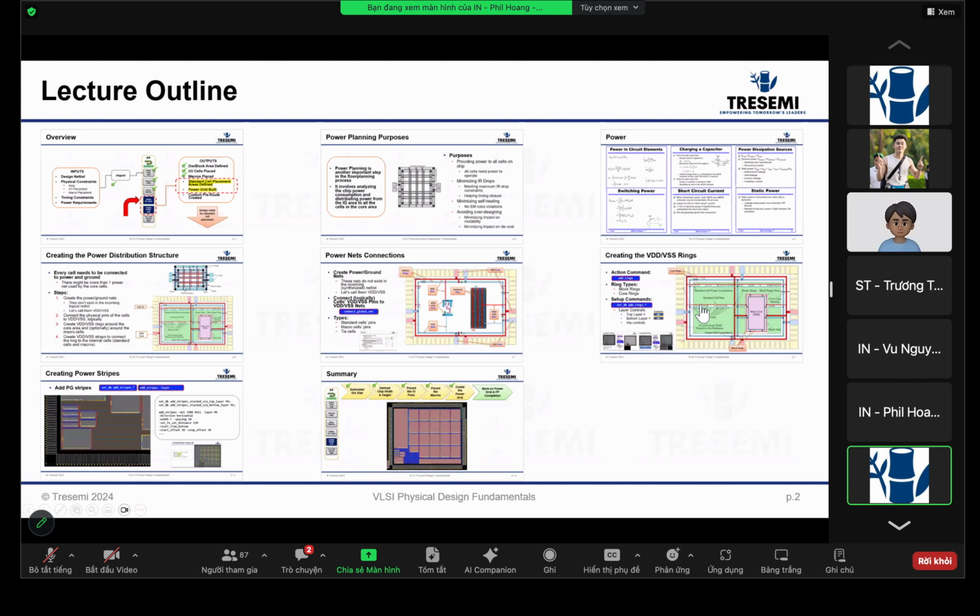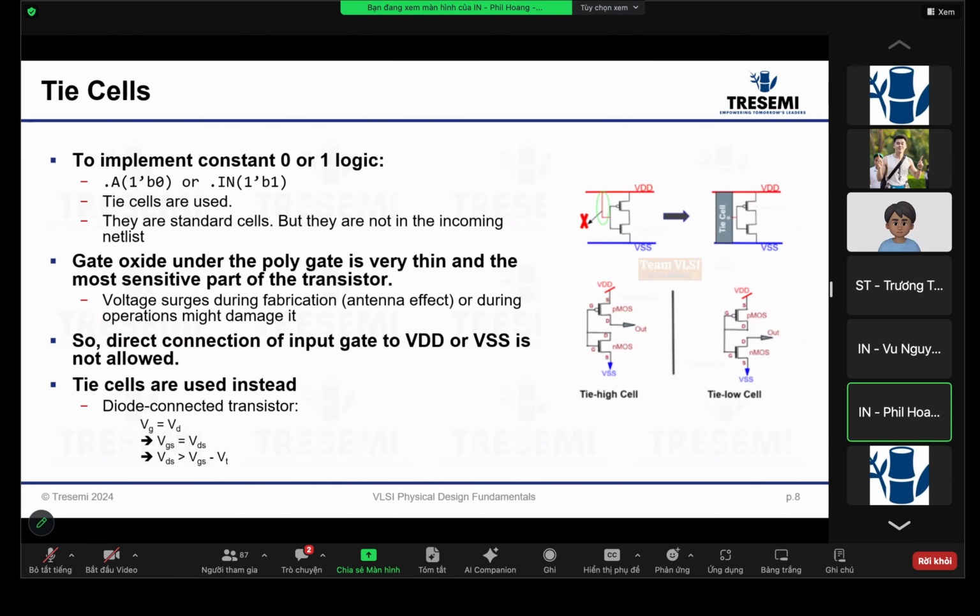Your logic design calls for a 0 or 1, so it's already predetermined, because sometimes, due to digital logic, you have to have a 1 or a 0 on a particular gate, because you want to drive it, you want to control that. So the answer is coming from the input netlist.